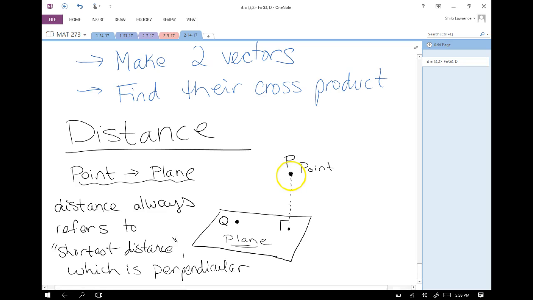And we are going to create vector PQ, and we are going to project it onto the normal vector. And we just want to know how long the projection is.